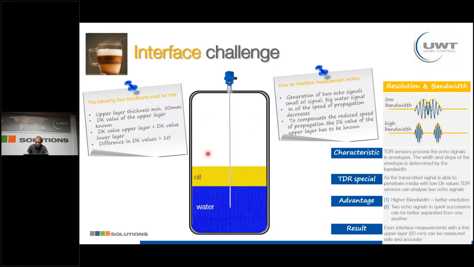This is basically the reason why the Nivo guides can measure such thin oil layers lying on top of the water surface. This is because of the high bandwidth of the sensors.